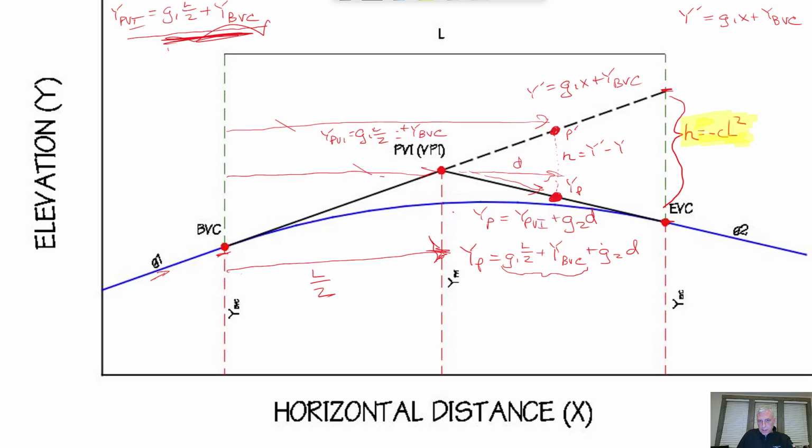This together right here is the y PVI. So, y PVI plus G2 D. That's all I did. I just rewrote this. Okay.